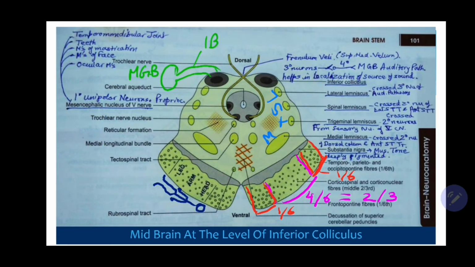From the trapezoid body they ascend to the inferior olivary nucleus, and that tract is called the lateral lemniscus. The third order neurons carrying auditory sensations are called the lateral lemniscus. From here they move out as the fourth order neurons to the inferior brachium and the medial geniculate body.